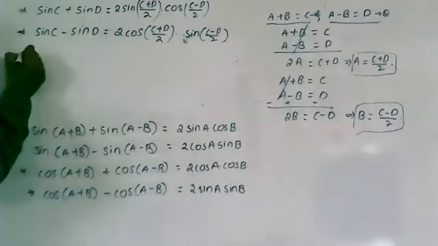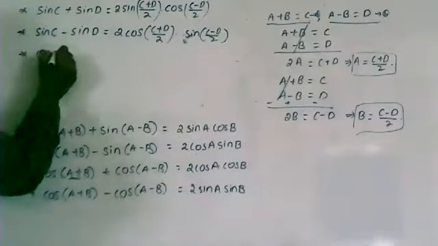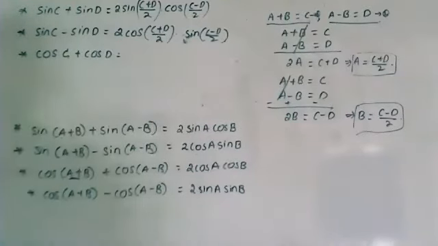Now similarly, what is cos(a+b)? a + b is taken as c, so cos c + cos d. What is cos c + cos d?